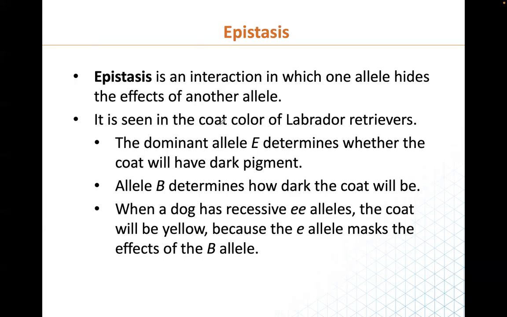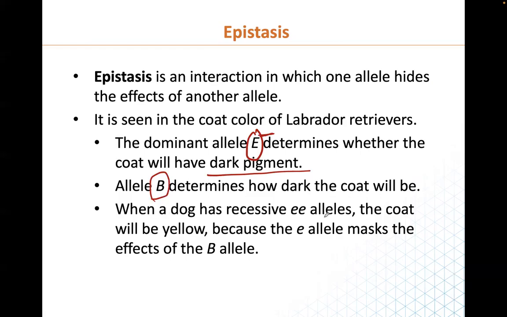A good example of this is seen in the coat color of Labrador retrievers. The dominant allele E is the one that determines whether the coat would have dark pigment. So this is the one responsible for the melanin level. There's a second allele B, which determines how dark the coat would be.